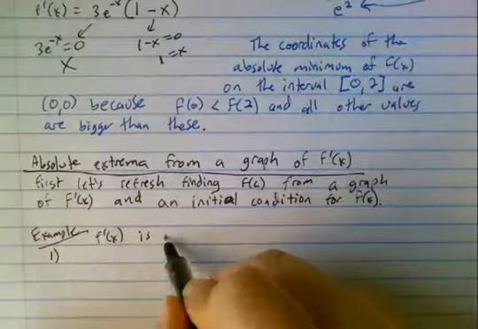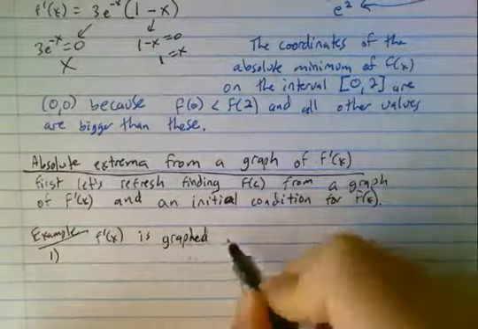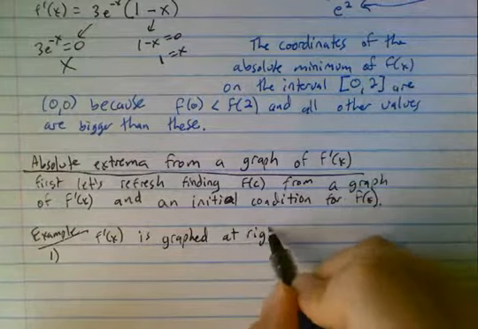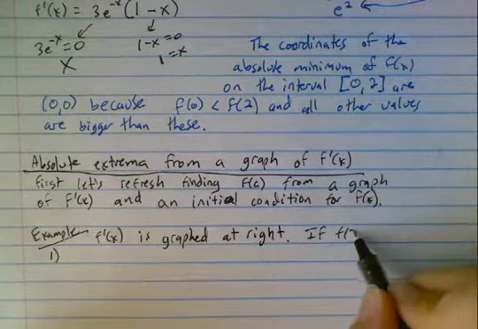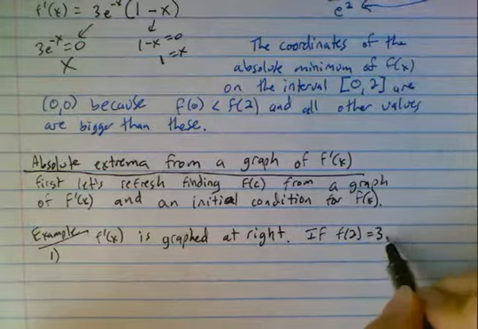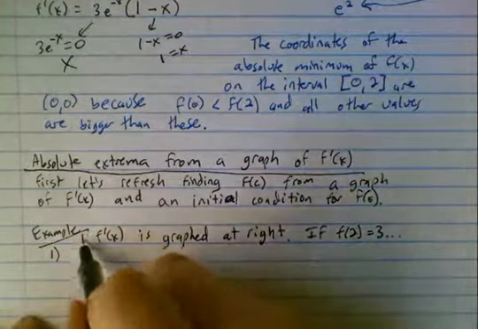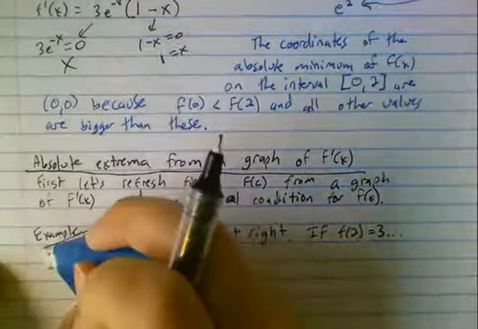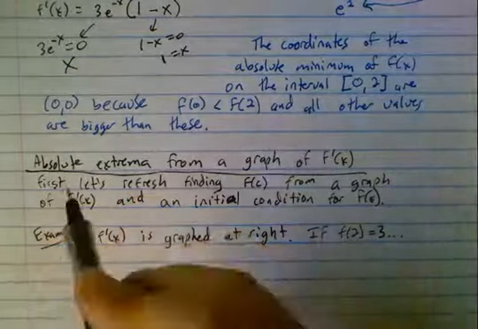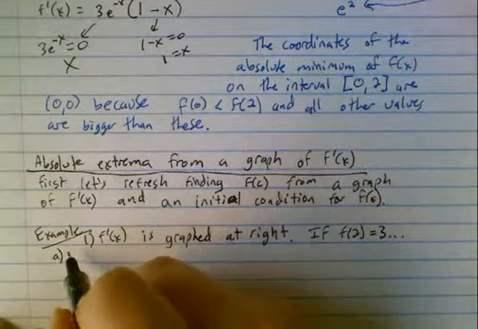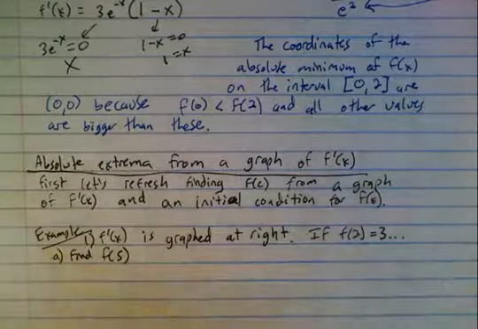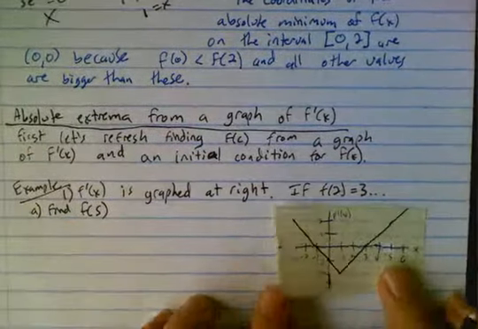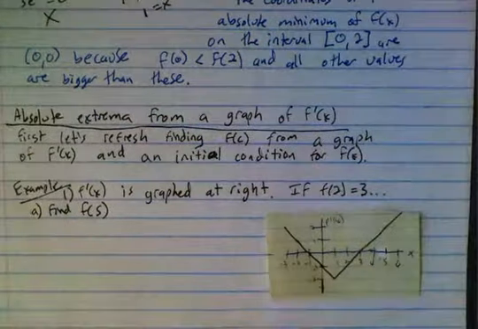f prime of x is graphed at right. If f of 2 equals 3, find f of 5. So here's our little graph right here.